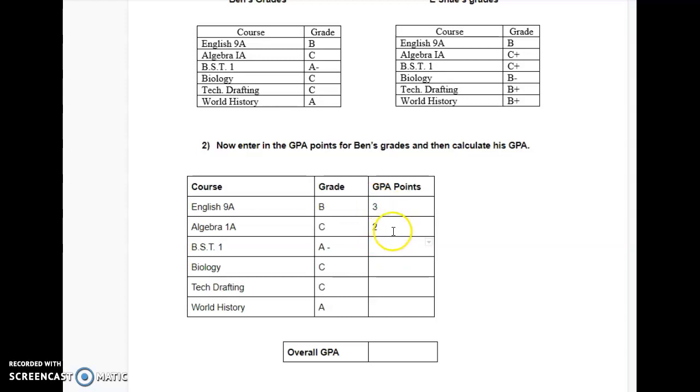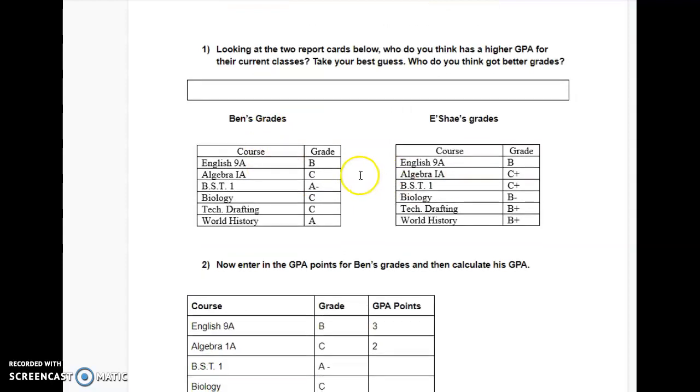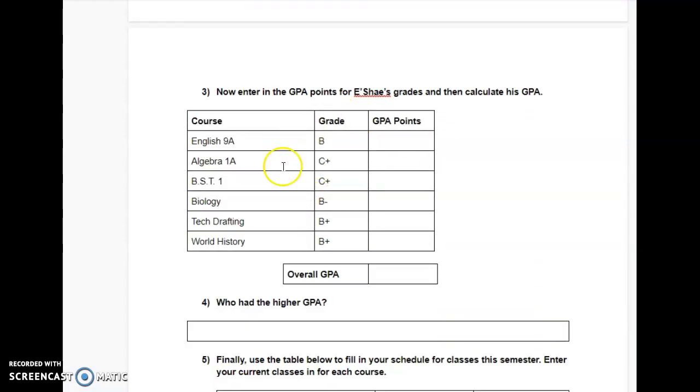So go ahead and enter those answers right in there. And then when you're done, you're going to add them all up, divide by 6, and put your answer in the overall GPA spot. You'll do the same thing for Ben's grades and then for Ishay's grades. So underneath there's Ishay's grades. And then once you're done, you'll see if your guess was right, who actually had the higher GPA.